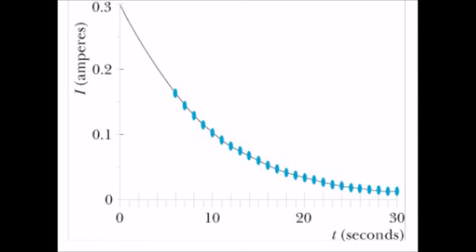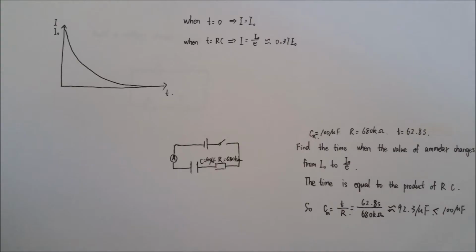Secondly, we linked the RC circuit to find the capacitance of a capacitor by measuring the RC time. According to the formula, I(t) is equal to I0 e to the power of minus t over RC.